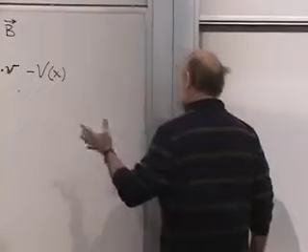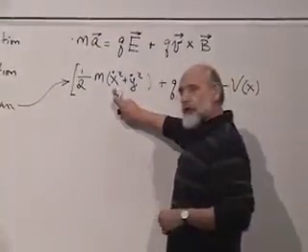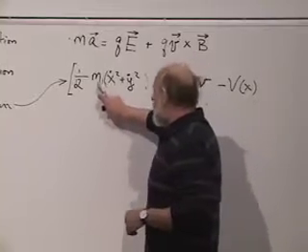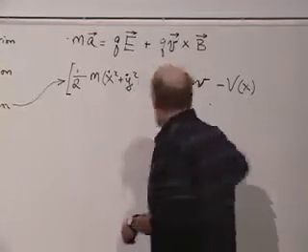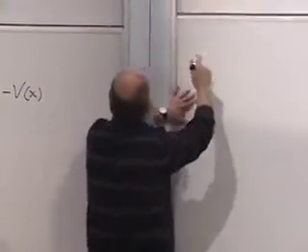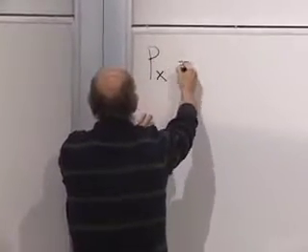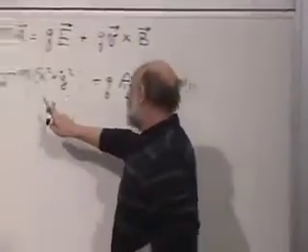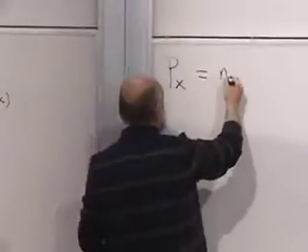We start with the x component, and we first calculate the canonical momentum conjugate to x. That's the derivative of the Lagrangian with respect to x dot. So p_x is equal to the derivative of the Lagrangian with respect to x dot. That's m x dot.